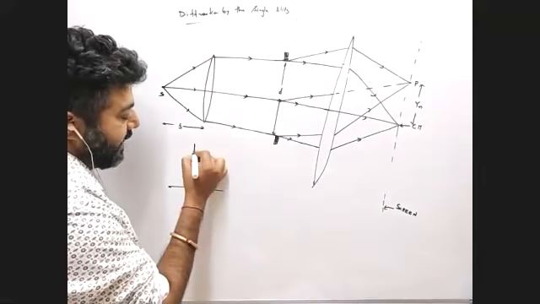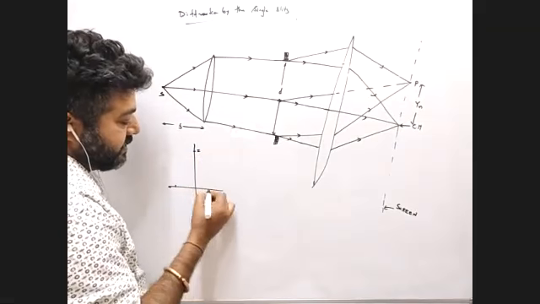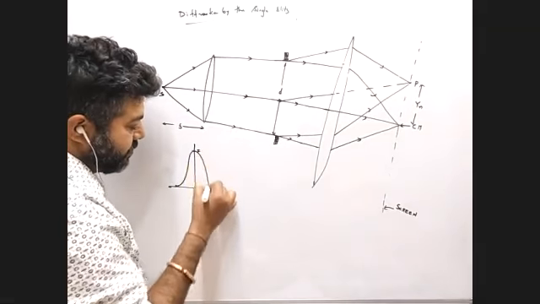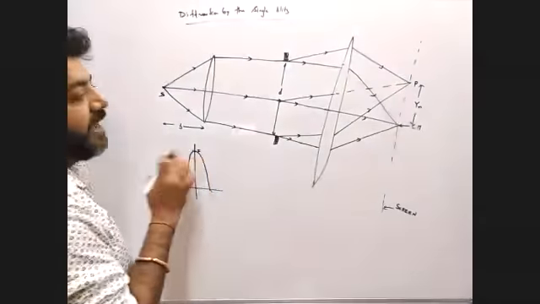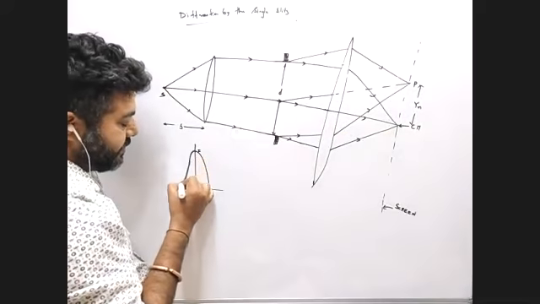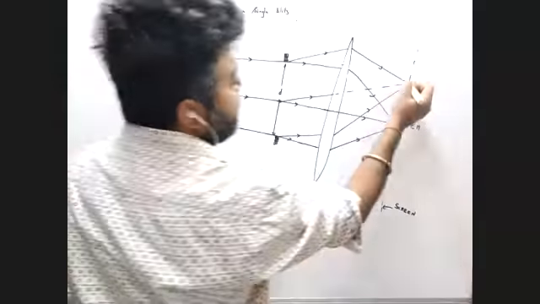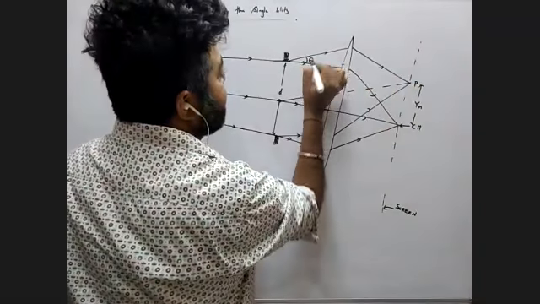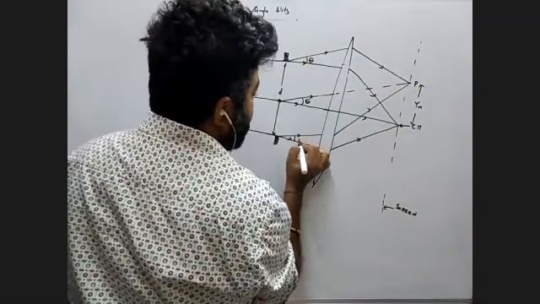If this is the maximum intensity, then these are the minimum intensity. Here the intensity is maximum, and on both sides, upside and downside, the intensity decreases and becomes zero. Suppose at that point the intensity is zero, and this angle is theta.